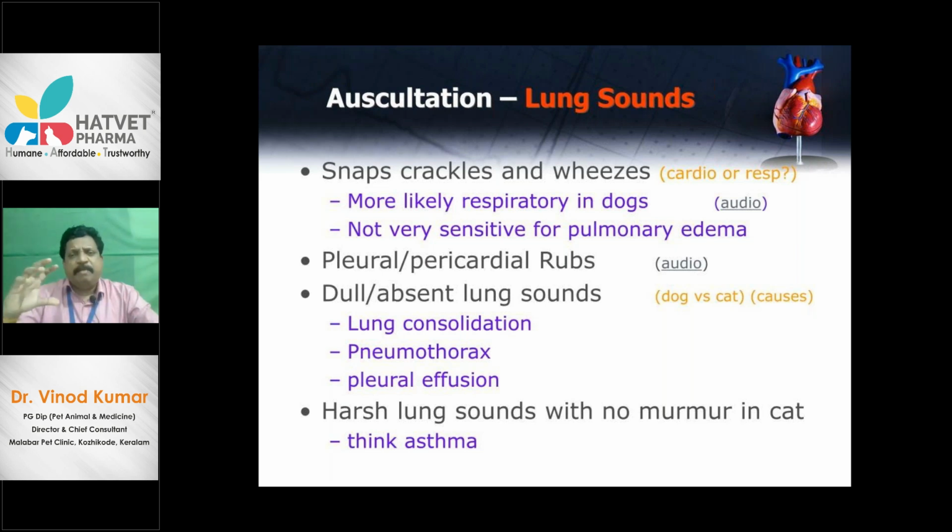The lumen itself has been almost completely obliterated and the movement of air becomes very difficult. So with much difficulty air is being passed. So a harsh sound occurs. So we say it is asthmatic. Sometimes in that harsh sound itself, a wheezing sound also can be heard. So, asthmatic sound.